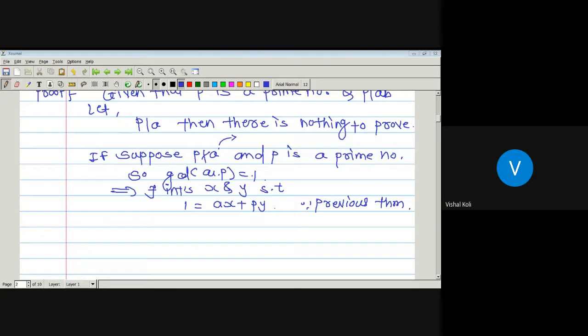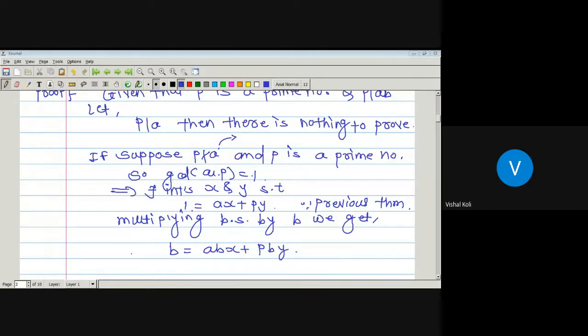Okay. Now multiplying both sides of this equation by b, we get b is nothing but abx plus pby.